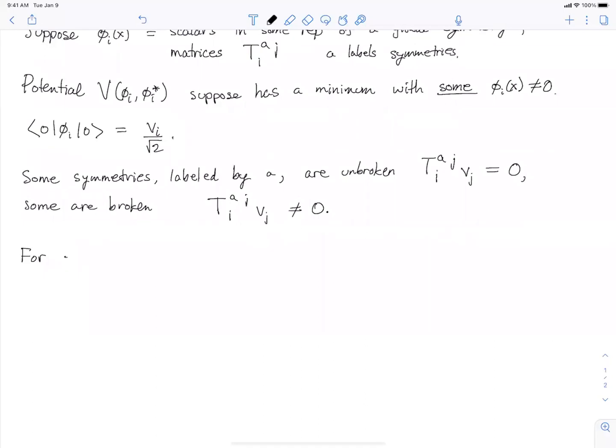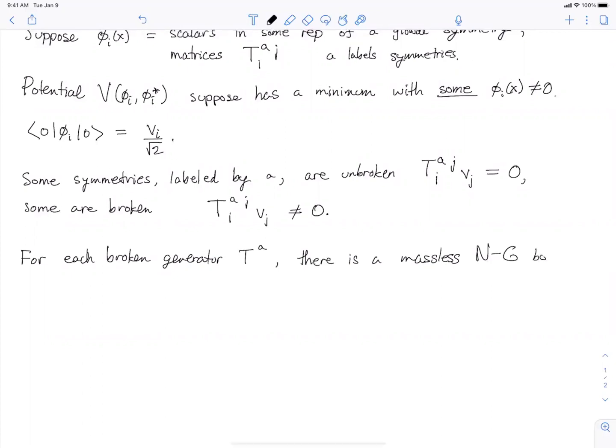And for each broken generator T^a, there is going to be a massless Nambu-Goldstone boson, which I'll just abbreviate as NG boson or Goldstone boson.